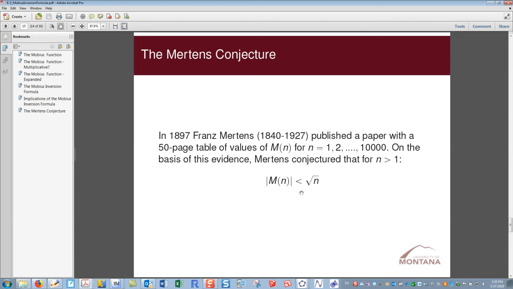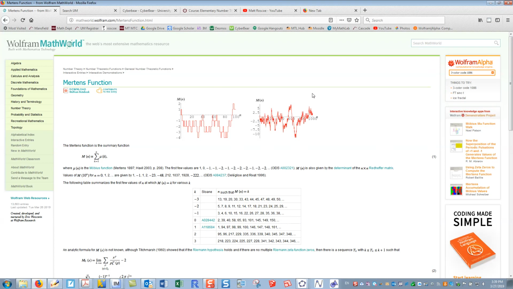So in other words, there's an upper bound on how wide this particular curve can get, and that upper bound, both above and below, appears to be something like the square root function. These peaks can't grow any higher or lower than the square root of n.